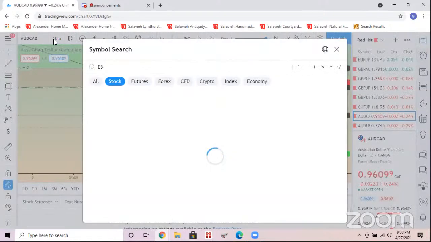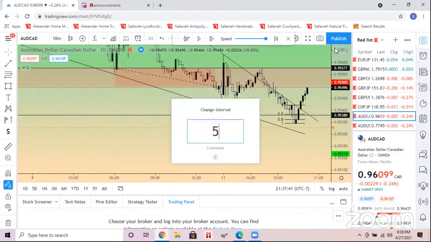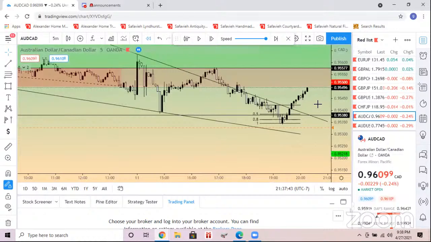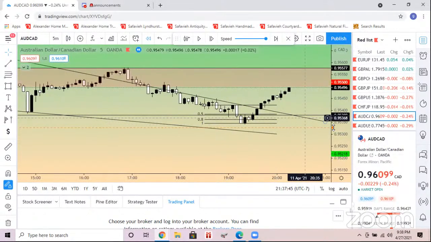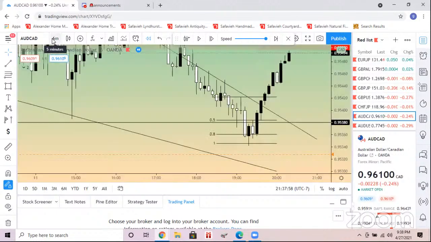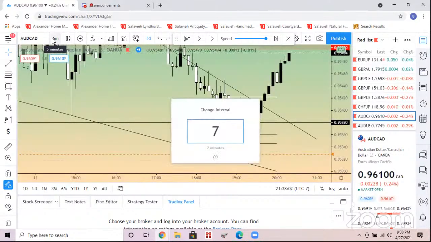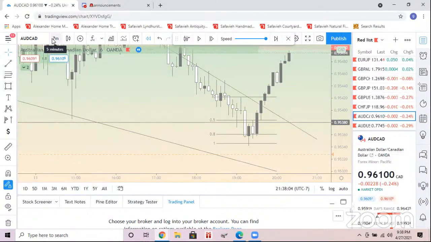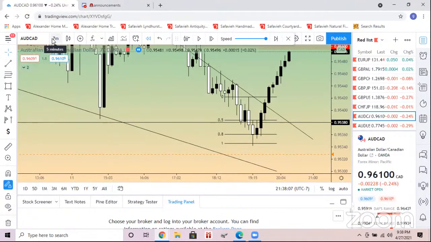Check out for some components. So there's some imbalance right here, but right below the 50%, and some right above it. Nothing there. Nothing there.